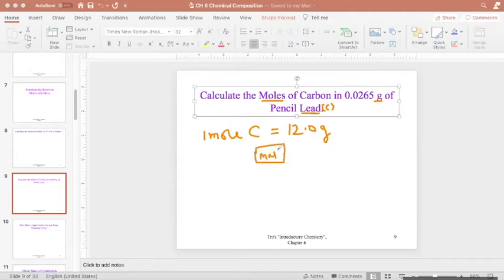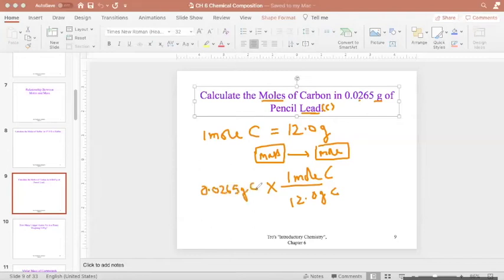Mass is given, you need moles, and we have a direct relationship. Write the conversion factor, 1 mole of carbon over 12 grams of carbon, and then how many grams are given in your problem? It's given 0.265 grams of carbon. Grams of carbon cancel.